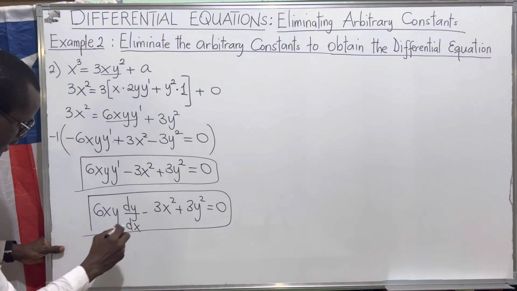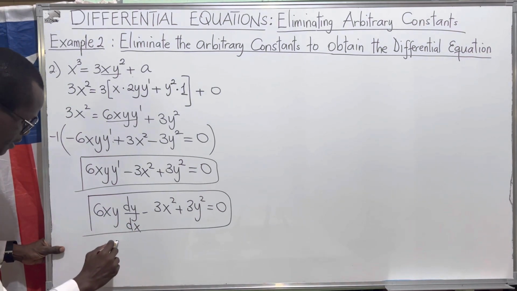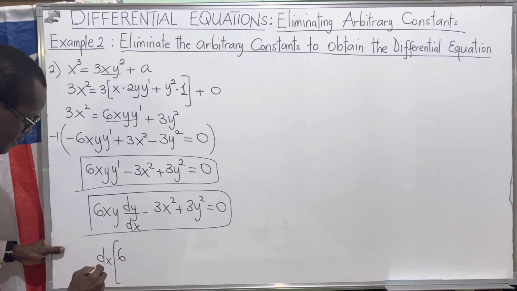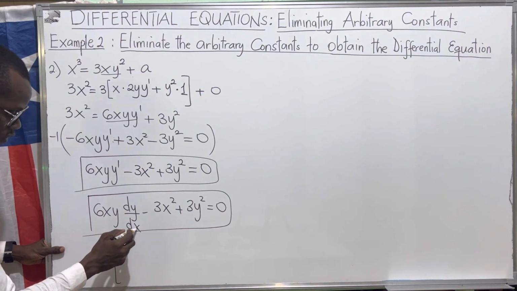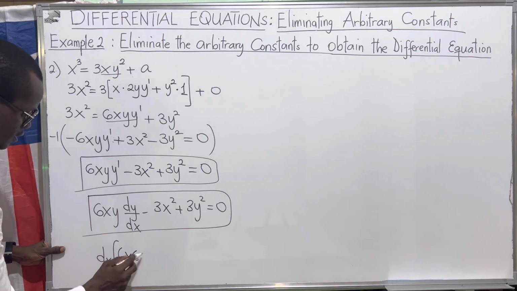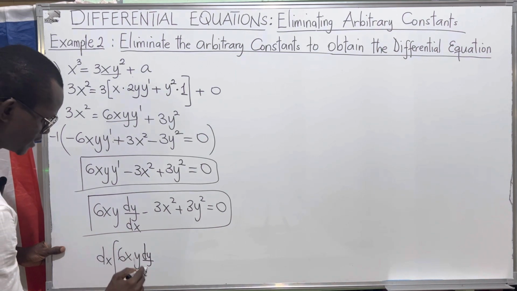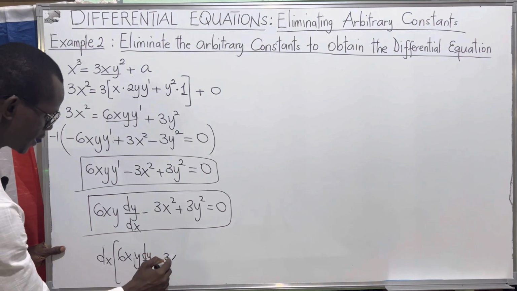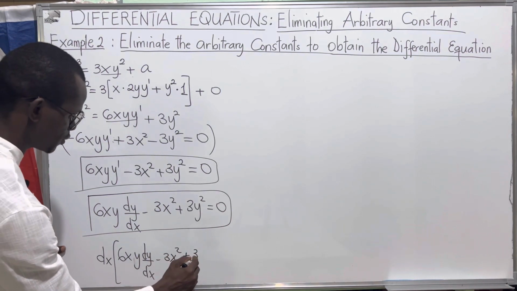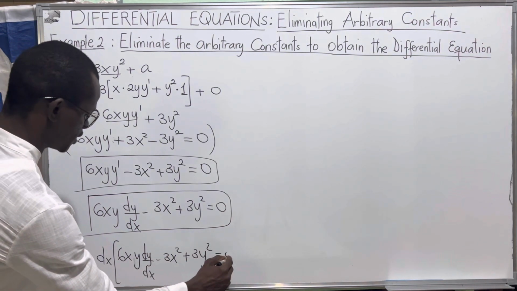Or you can decide to multiply the entire expression by dx, so that you get rid of this dx from the denominator. So 6xy dy by dx minus 3x squared plus 3y squared equals 0.